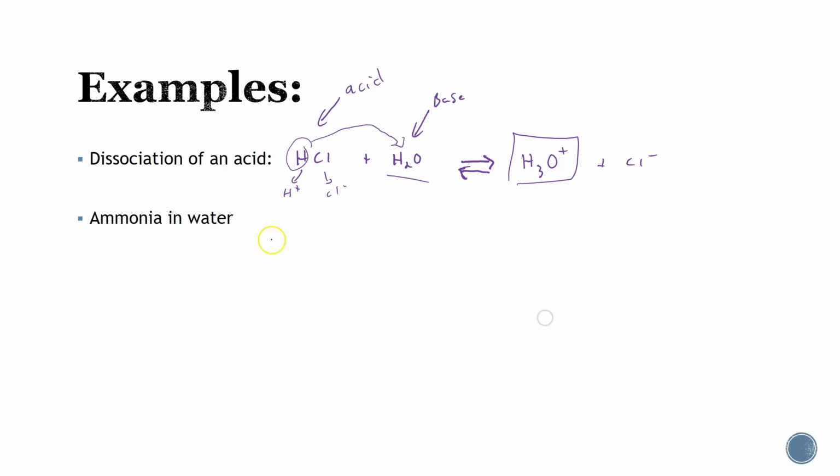So let's say I add ammonia to water. Ammonia, which is NH3, if I put it into water, what's going to happen in this interaction typically is I'm going to get the formation of ammonium and hydroxide ions. Notice in this case that one of the hydrogens from water was donated to ammonia.